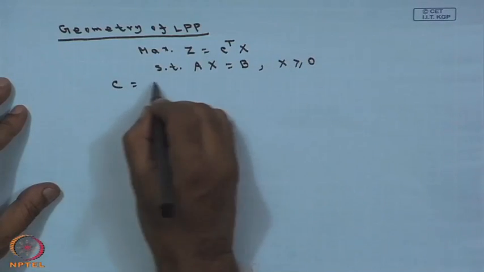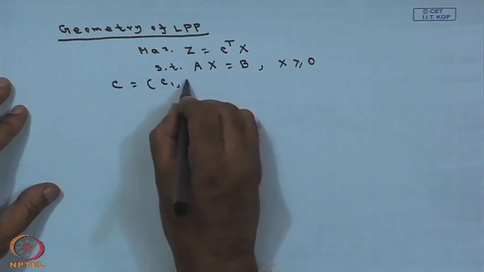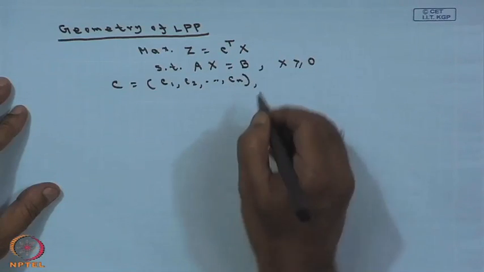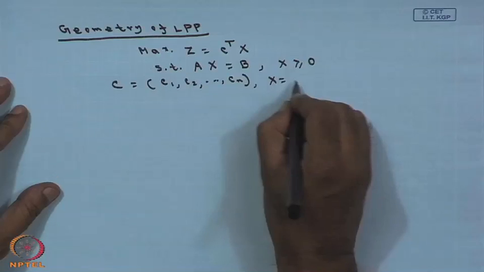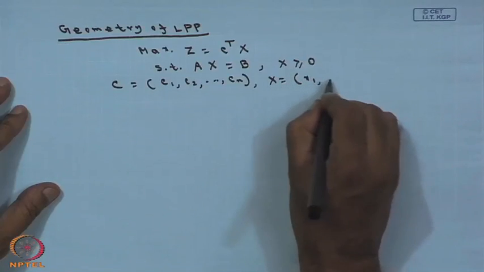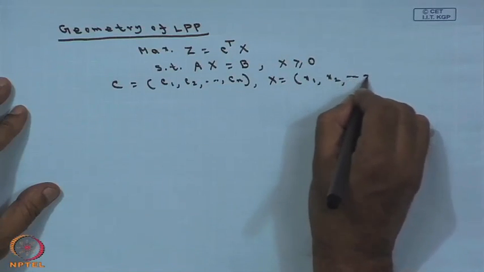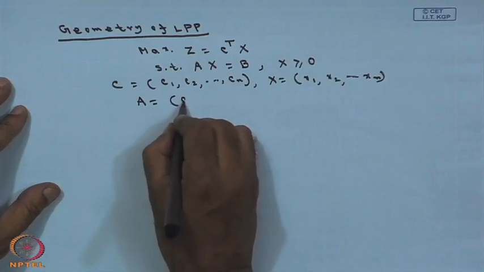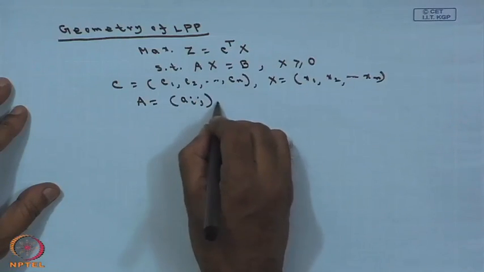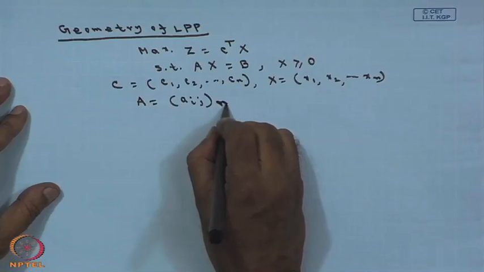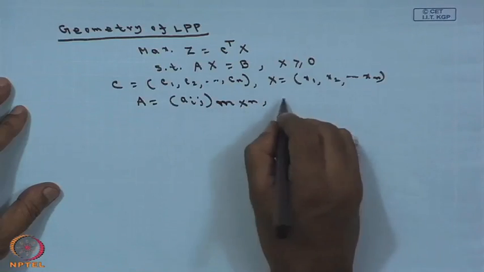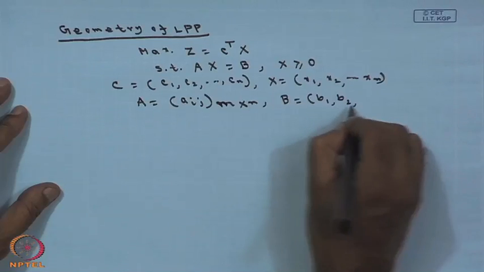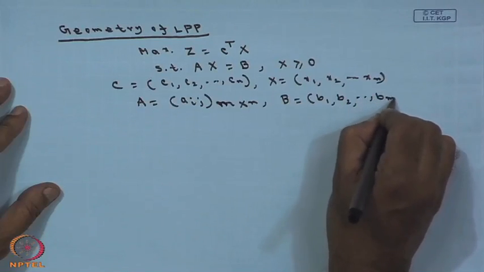Your C matrix I can write as C 1, C 2, C n, x is equal to the elements x 1, x 2, x n. A is a matrix A i j, I can represent it as an m cross n matrix, and your B is equal to B 1, B 2, B m.